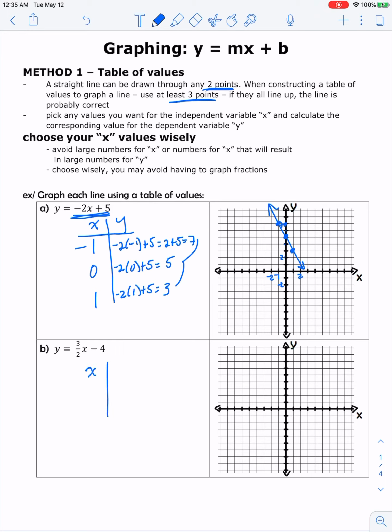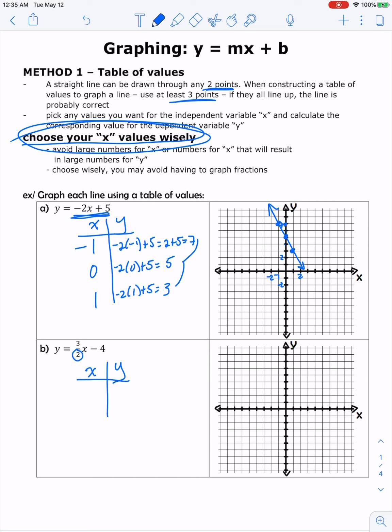For this next one, remember this up here says choose your x values wisely. Think about what kind of x values you can choose to make the calculations a little easier. Take a look at your denominator, and maybe cancel out that denominator so you're just dealing with whole numbers.